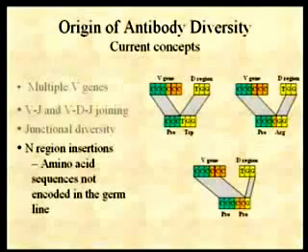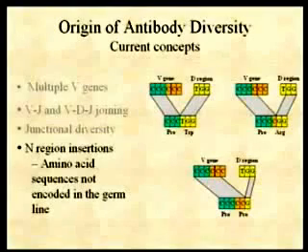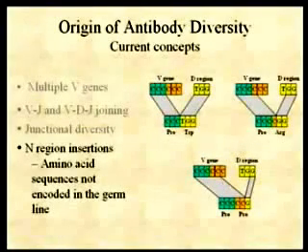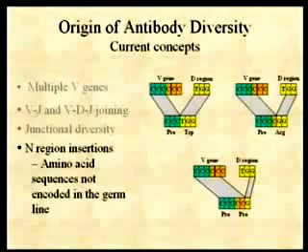Well, it turns out that oftentimes you find amino acids in the protein that were never encoded by anything in the germline. So here we have a germline that doesn't code for this, but yet the amino acids are there. Those are referred to as the N-region insertions. So these are amino acids found in the hypervariable regions that were never encoded in the germline.